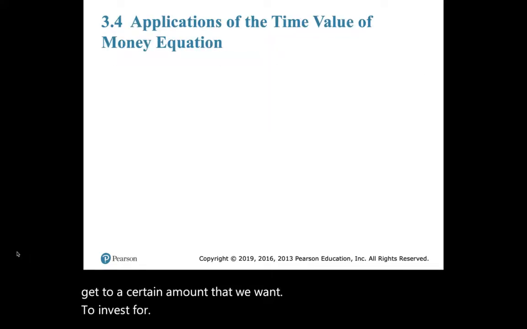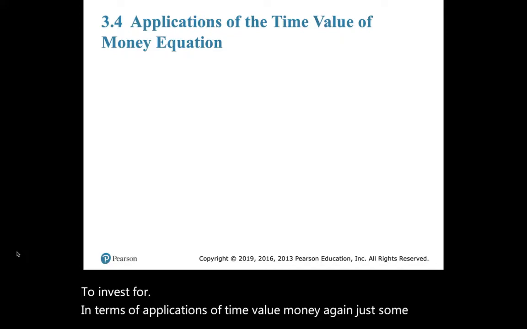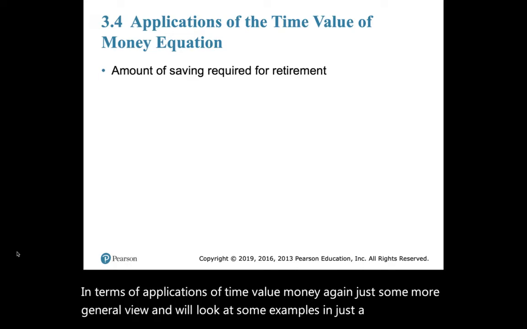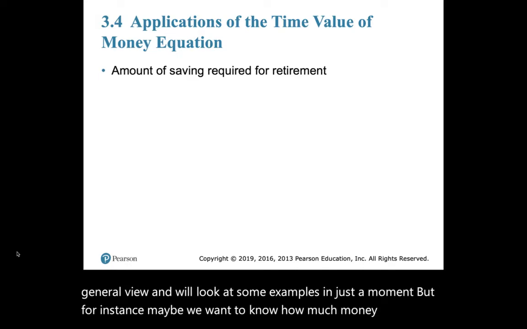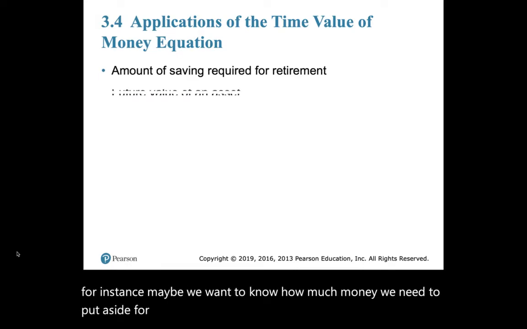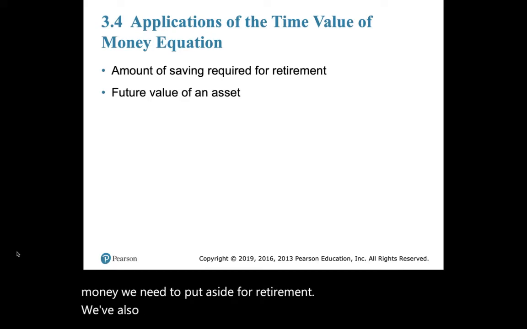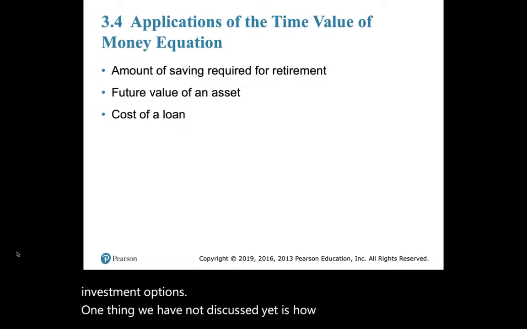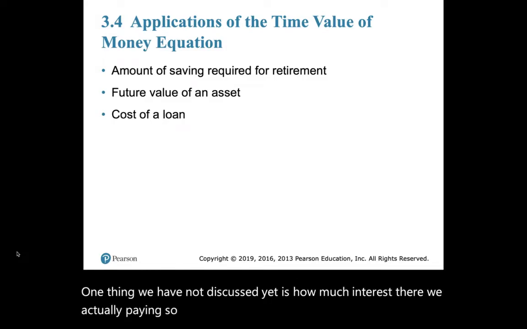In terms of applications of time value money, again, just a more general view. And we'll look at some examples in just a moment. But for instance, maybe we want to know how much money we need to put aside for retirement. We've also discussed the future value of an asset. So again, investment options. One thing we have not discussed yet is how much interest are we actually paying? So what is that cost of a loan? Is it worth it to borrow? We want to find that out.